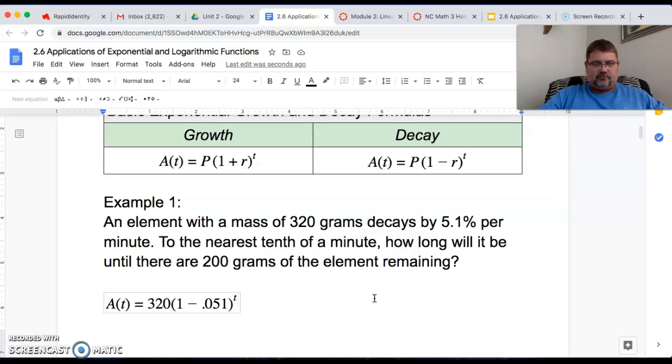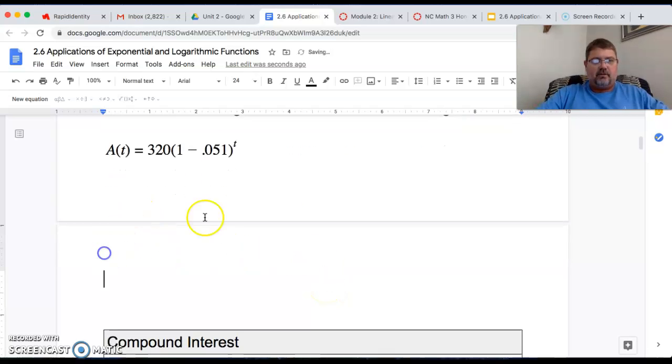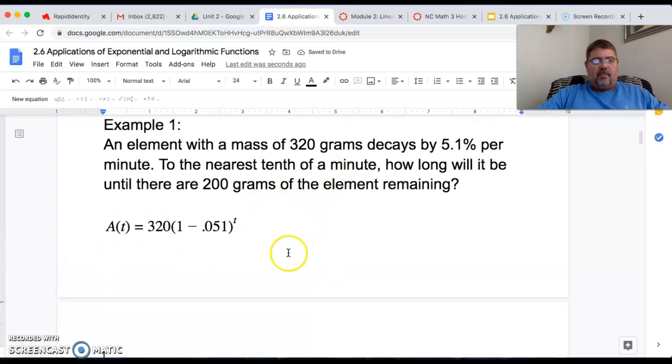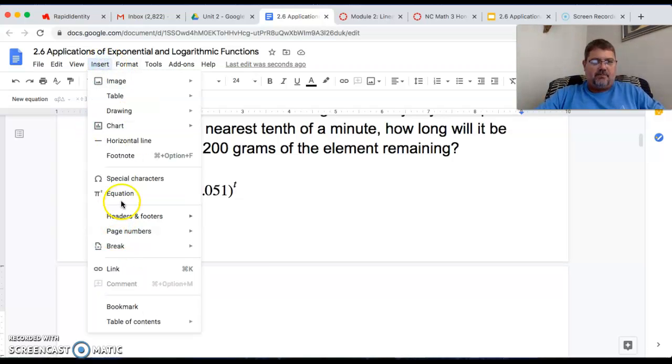Now, what we do know here is, let me get some more space. The amount they want to know how long it takes to get to is 200 grams. It's decaying, so it's going to go from 320 to 200. We want to know how long. So we need to plug that 200 in for the amount. We'll write another equation for that.